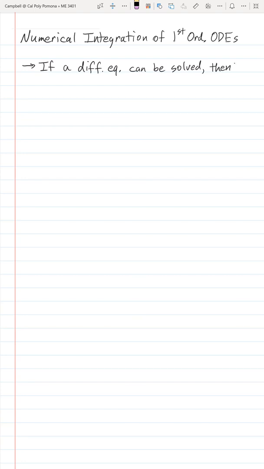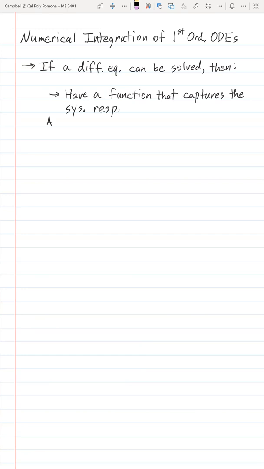Then of course that means that we have a function, which is called the solution, that captures the system response.